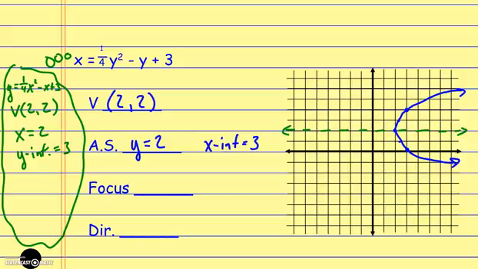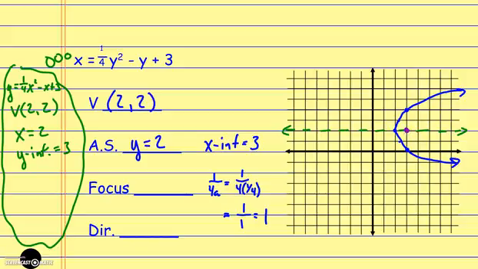The focus, again, if I find the focal length, that's 1 over 4a. So that's 1 over 4 times 1/4, which gives me 1 over 1, which is 1. So the focal length is 1. If I move 1, and again, the focus has to be inside the parabola, if I go over 1, it's going to put me right here.